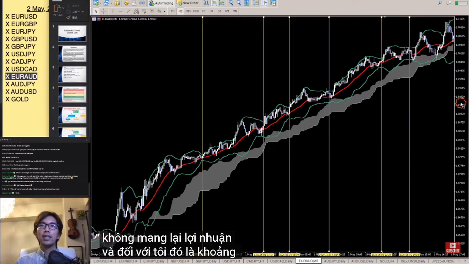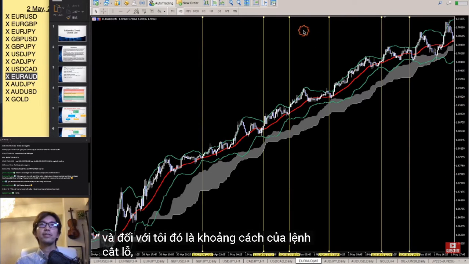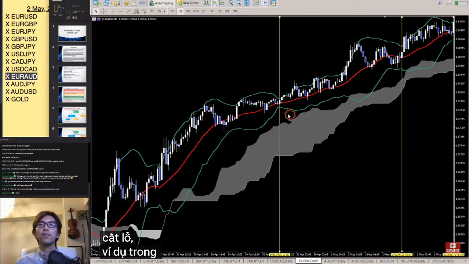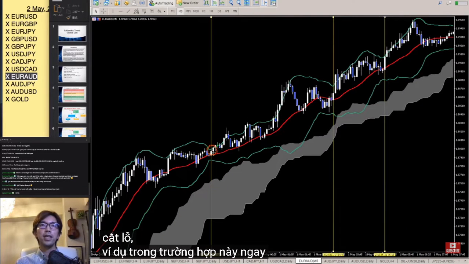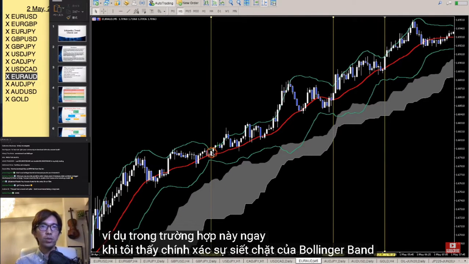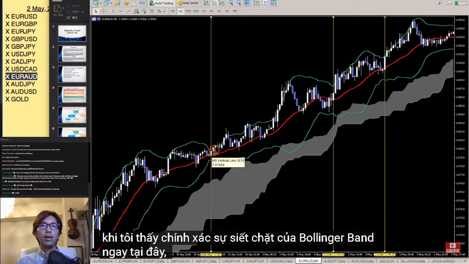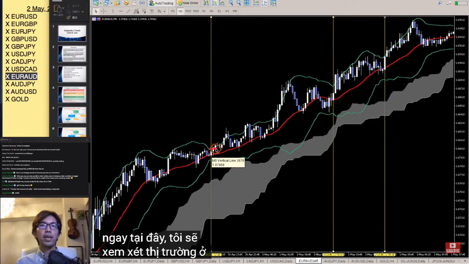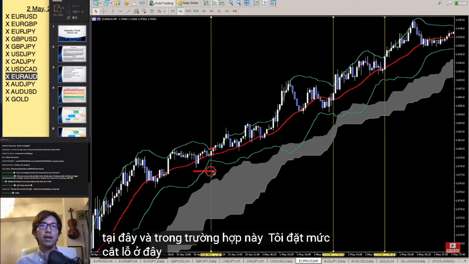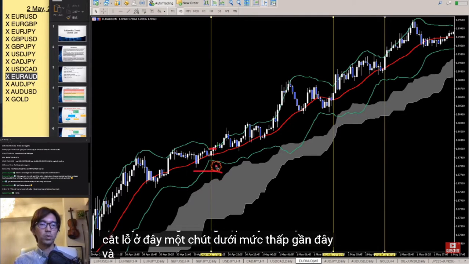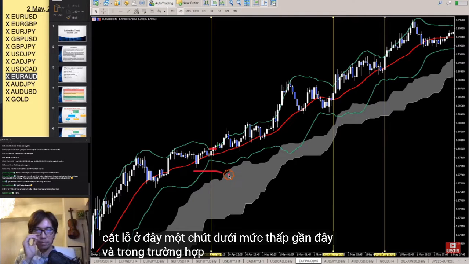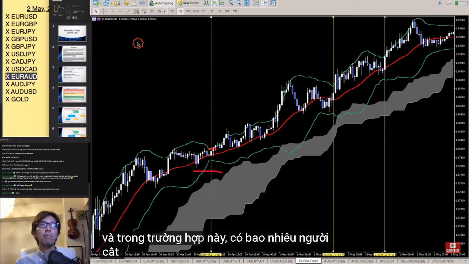And to me, that's the distance to the stop loss. For example, in this case, when I see the Bollinger Band squeeze right here, I will be looking at the market here. I put the stop loss here, slightly below the recent low. How many pips of stop loss?